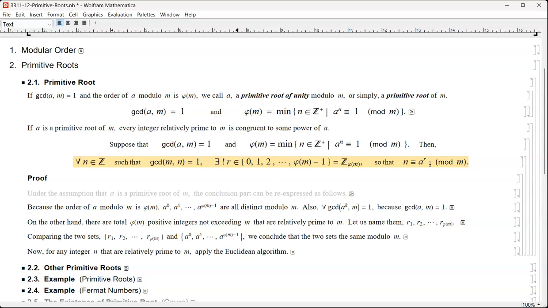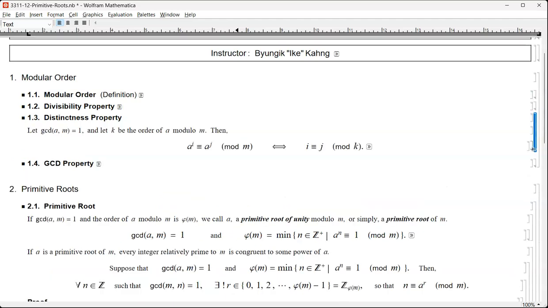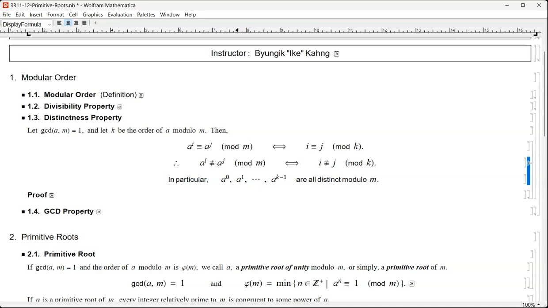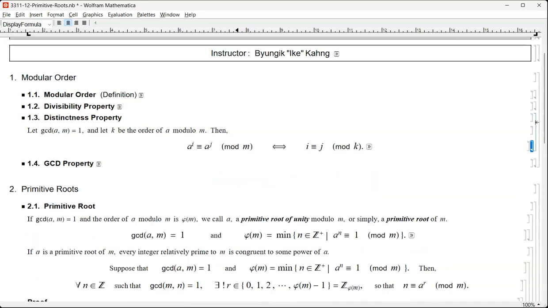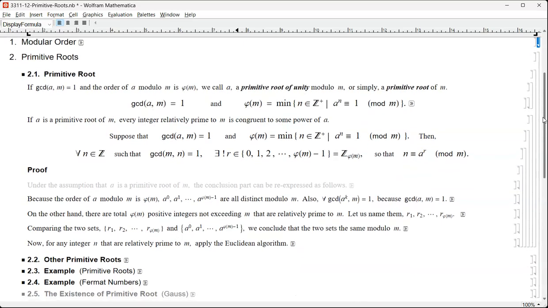Because the order of a modulo m is phi of m, a to the 0 power, first power, up to phi of m minus 1, they're all distinct modulo m because of this distinctness property. Remember from section 1? These shall be all distinct because powers are all distinct mod the maximum order.